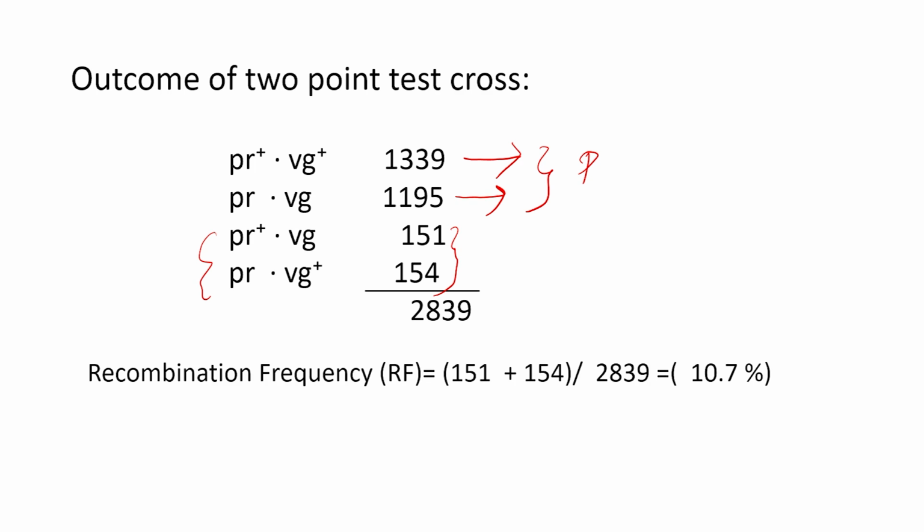When we sum the recombinant numbers, divide by the total number, and multiply by 100, we get the recombination frequency. I am just reminding you; now we have this recombination frequency here.